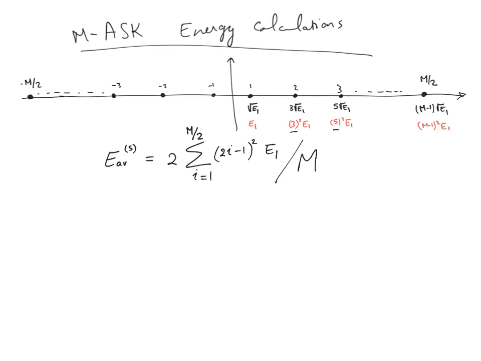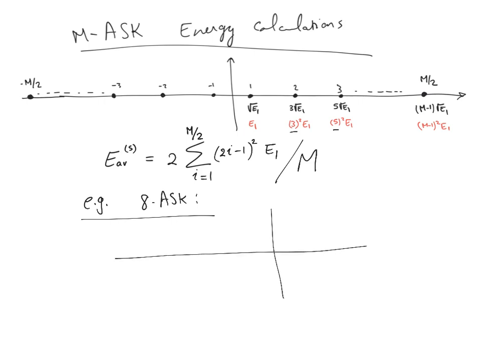Right? So let's take an example. 8 ASK. In that case, my constellation is composed of root E1, right? 3 root E1, 5 root E1, and the last one is 7 root E1. And then same points from the negative side, with same distances, right?